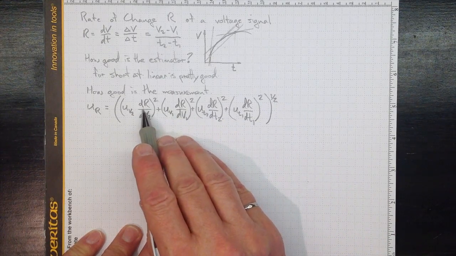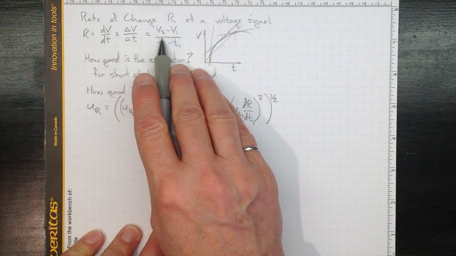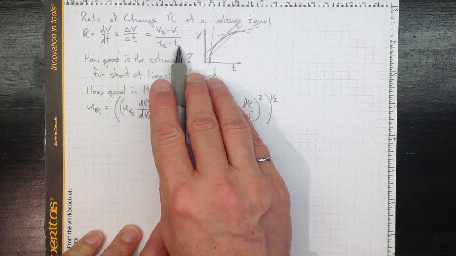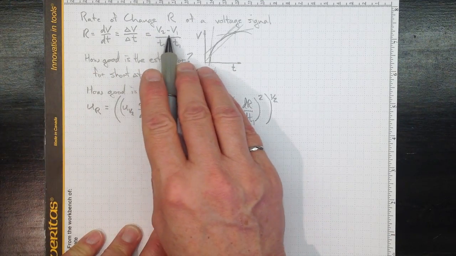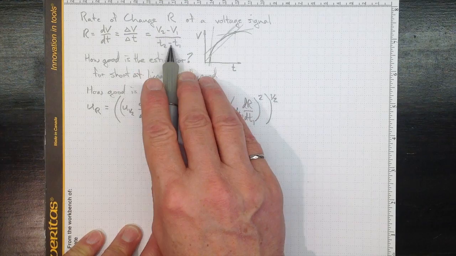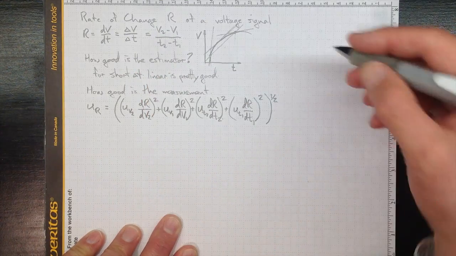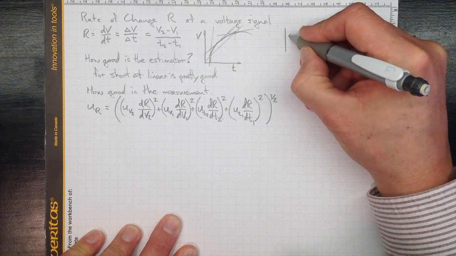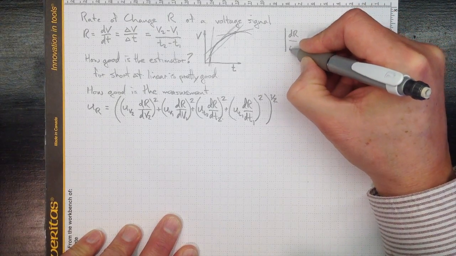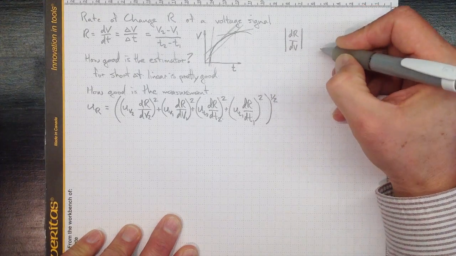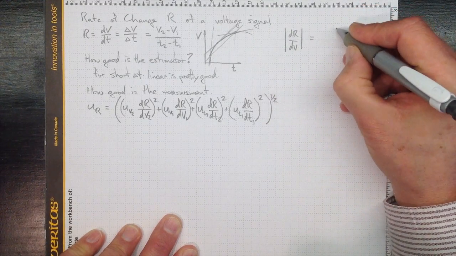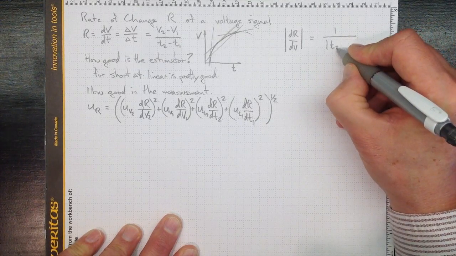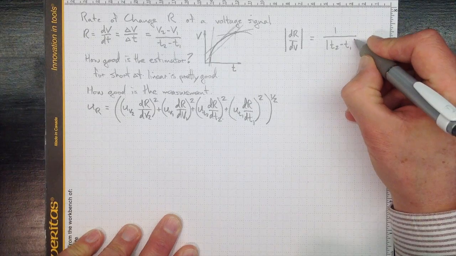So let's look at these derivatives. If we take the derivative with respect to V2, it'll just be 1 over T2 minus T1. If we take it with respect to V1, it'll be negative 1 over T2 minus T1. Or, and we only need to know what the absolute magnitude is, dR/dV in both cases is 1 over the magnitude of T2 minus T1.